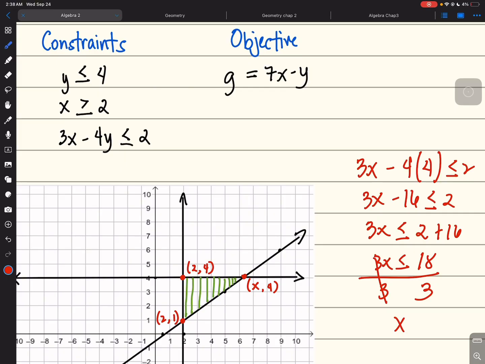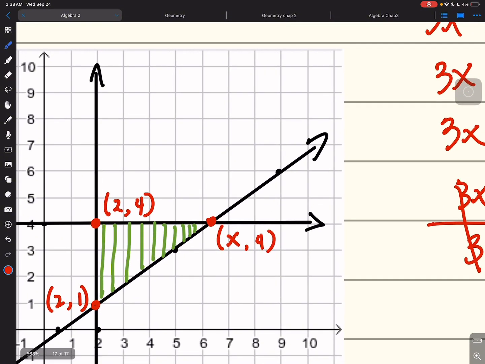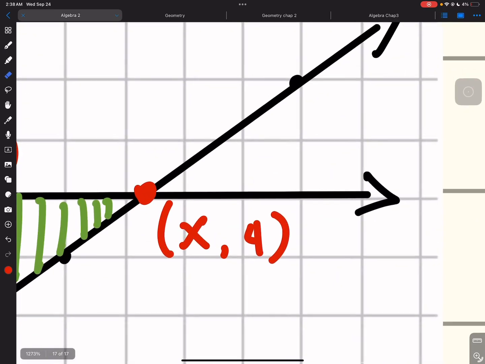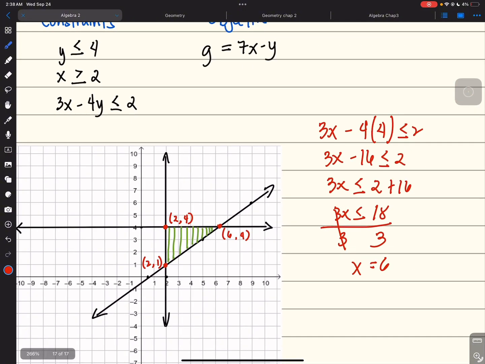If we're going to use our calculator, again, it's okay to use a calculator if you want. So that is 6. So for the value of x, that is 6. Okay, so let's put here 6. Let's erase this one now. 6. So those are our vertices.